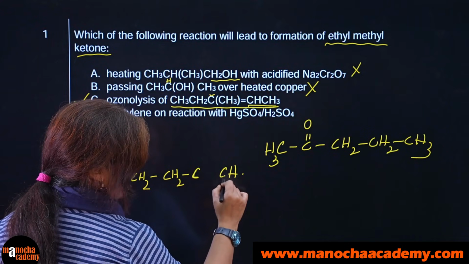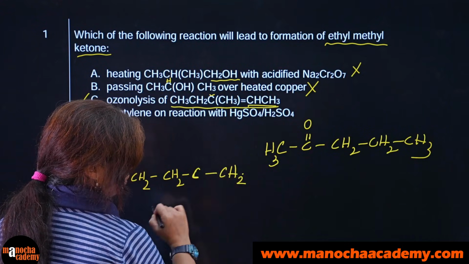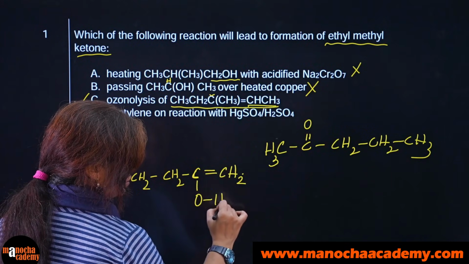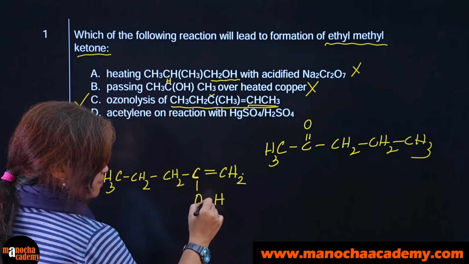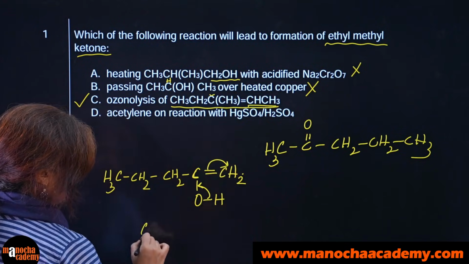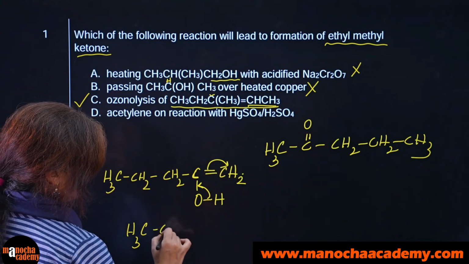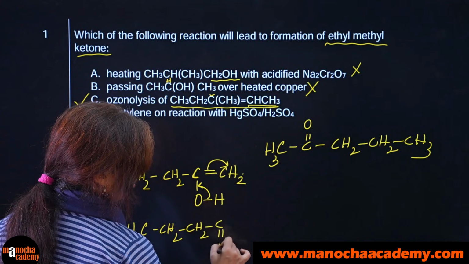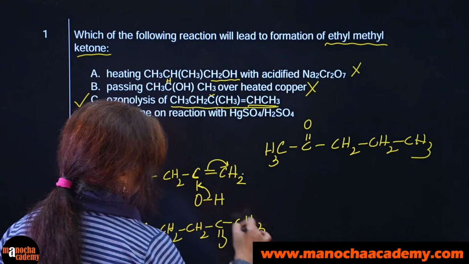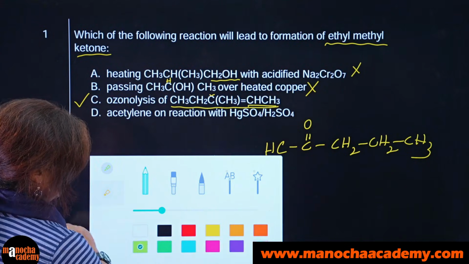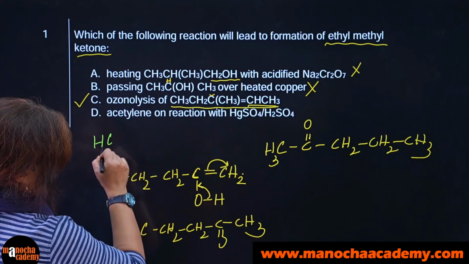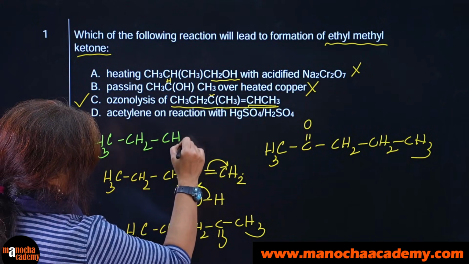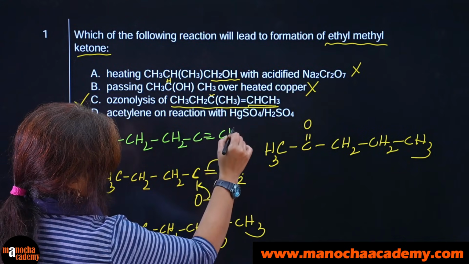To this, hydrogen is added, so you're getting CH2 and a double bond here, and to the other carbon, OH group is added. Then tautomerism takes place, from where you get CH3, CH2, CH2, C double bond O, CH3. And I'm writing once again the alkyne CH3, CH2, CH2, C triple bonded CH.